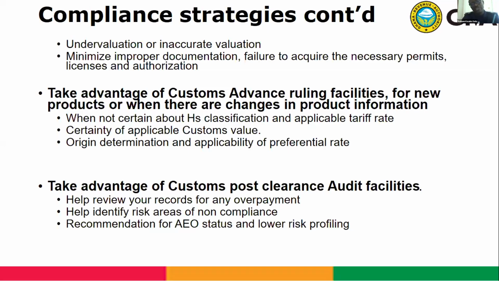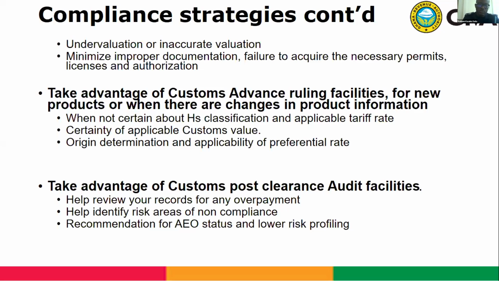So you can, in advance, ask for this ruling to know what you are supposed to pay and what conditions apply to your goods before the arrival of your goods. So this will ensure that you are certain about your classification, because classification goes to the applicable tax rate. Then you'll be certain about the value customs will apply, whether they are going to accept your value, or apply the value of identical goods or similar goods, or use any other method to ensure that your value is determined.